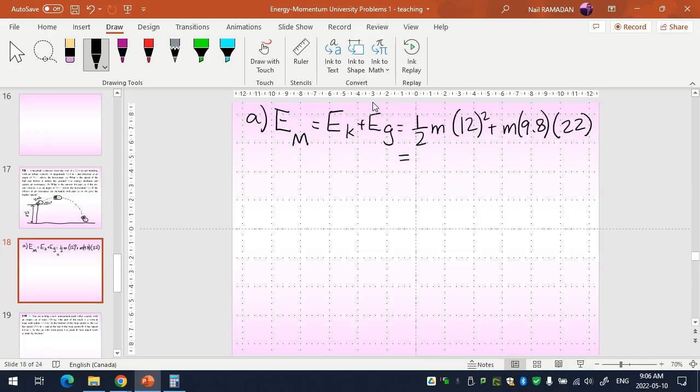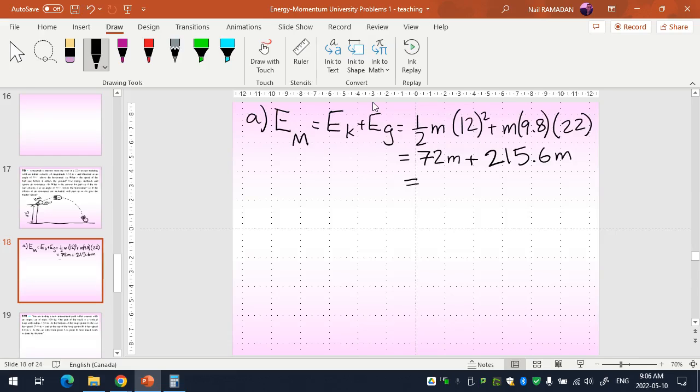So this is 72m plus 22 times 9.8. That's 220 minus 4.4, 215.6. Also with what variable? M. You got it. 215.6 m.